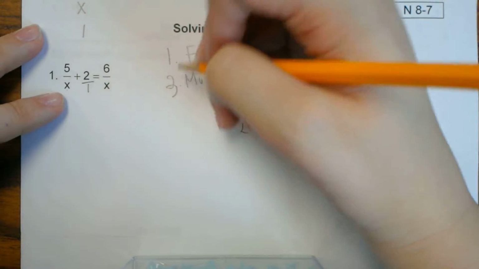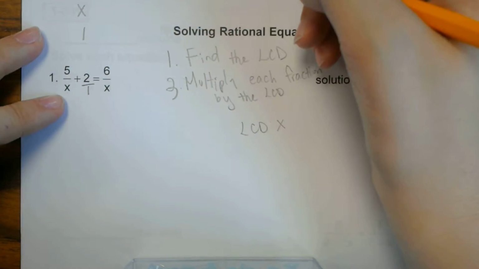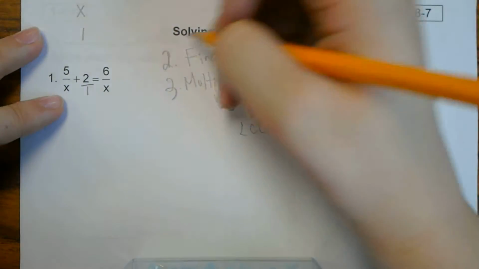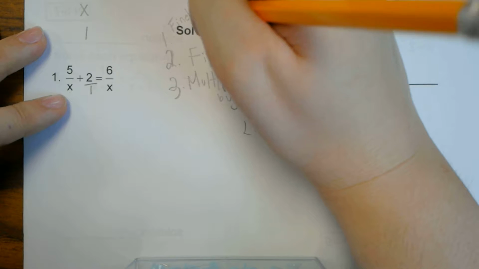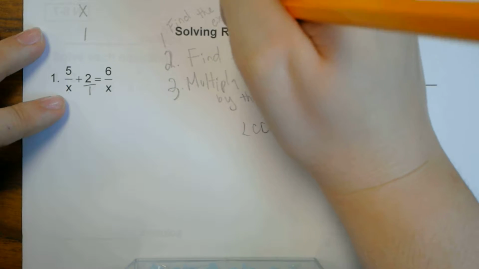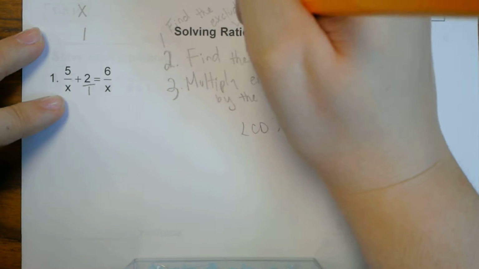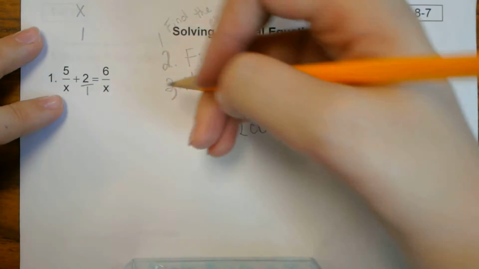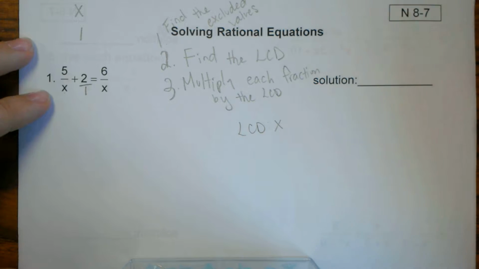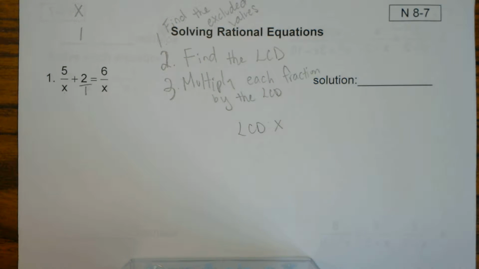That should be step 3. Step 2, I'll just say step 2 is find LCD. Step 1, find the excluded values. The excluded values we said in the past was when the denominator equals 0.